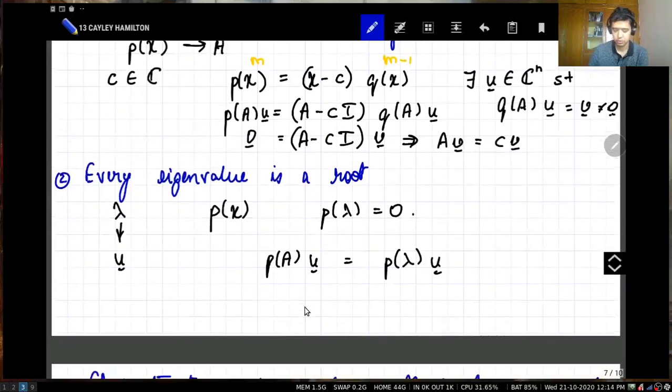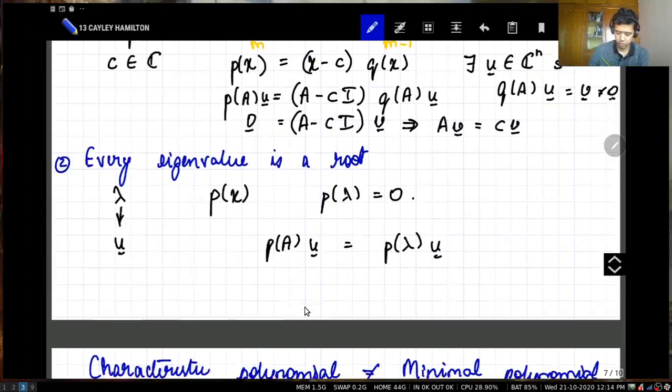So lambda is the eigenvalue corresponding to the eigenvector u, and P of lambda times u is equal to P of A times u. So since P is an annihilating polynomial for A, P of A is equal to 0. So the left hand side is equal to 0.